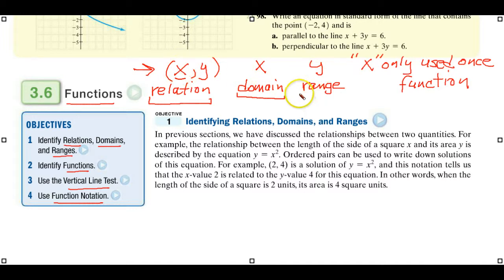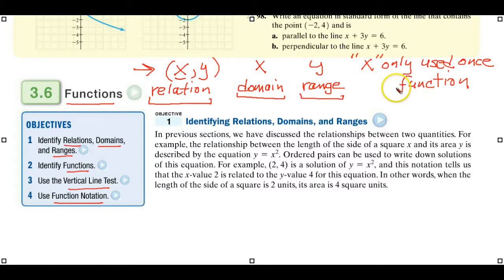And the range is the second element. So there's our relationship. X is the domain, Y is the range. And if you have trouble remembering which is which, alphabetically we have X, Y. Alphabetically we have D, R. So a little way to help remember.